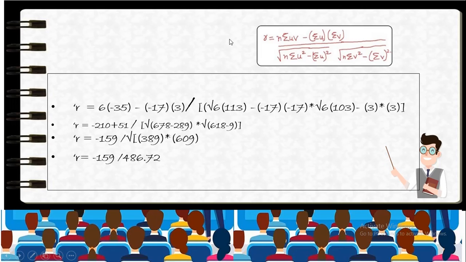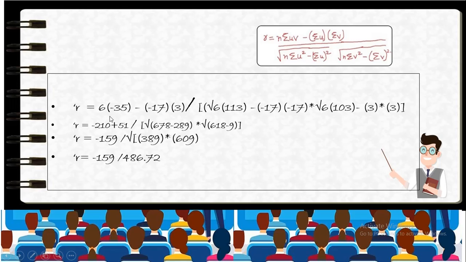By applying this, instead of n we write 6, instead of sigma uv we write minus 35, minus sigma u, which is minus 17, sigma v is 3, divided by under root 6 times 113 minus minus 17 into minus 17, multiplied by under root 6 times 103 minus 3 multiplied by 3.